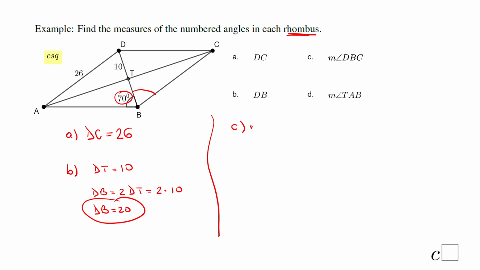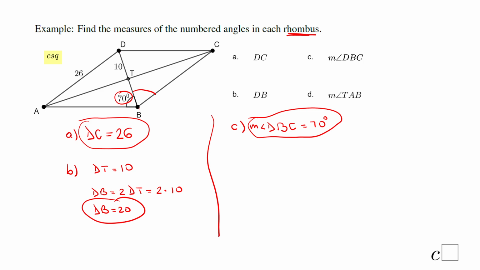Those two angles are congruent. Why? Because the diagonal in a rhombus bisects opposite angles. So this property works only for rhombus.